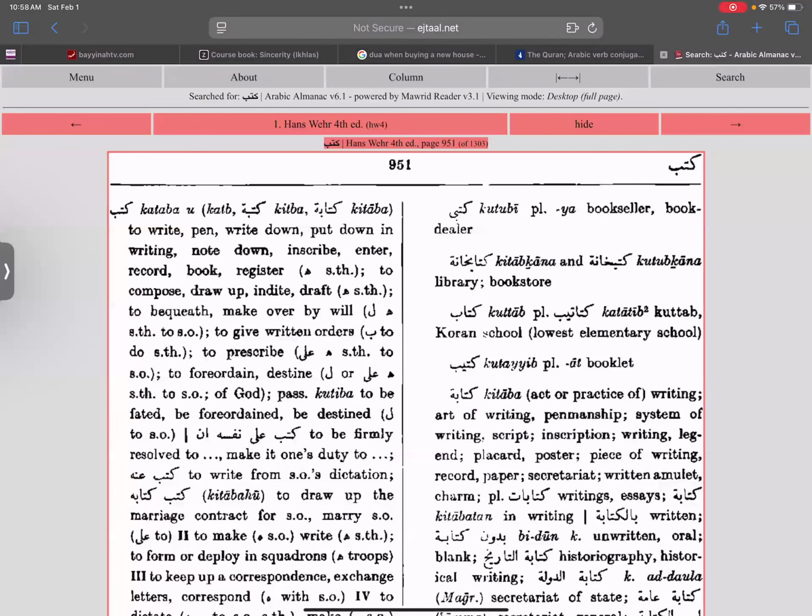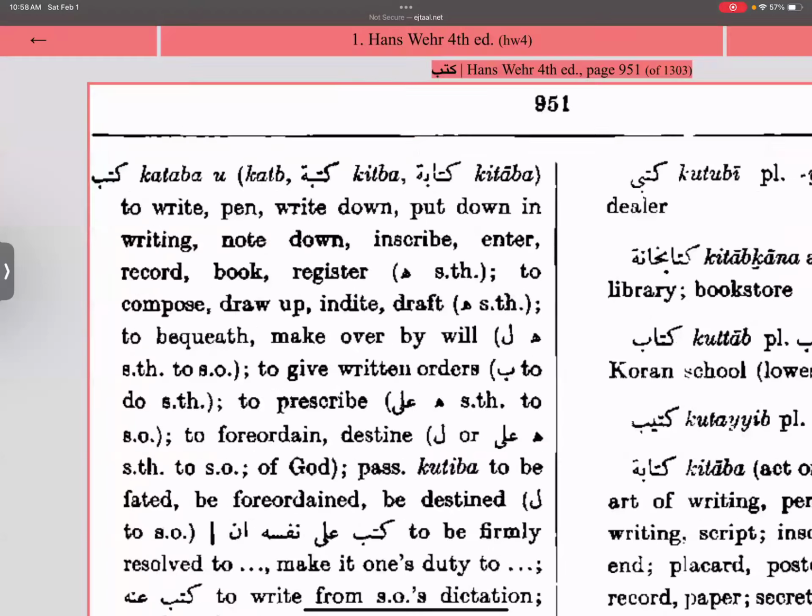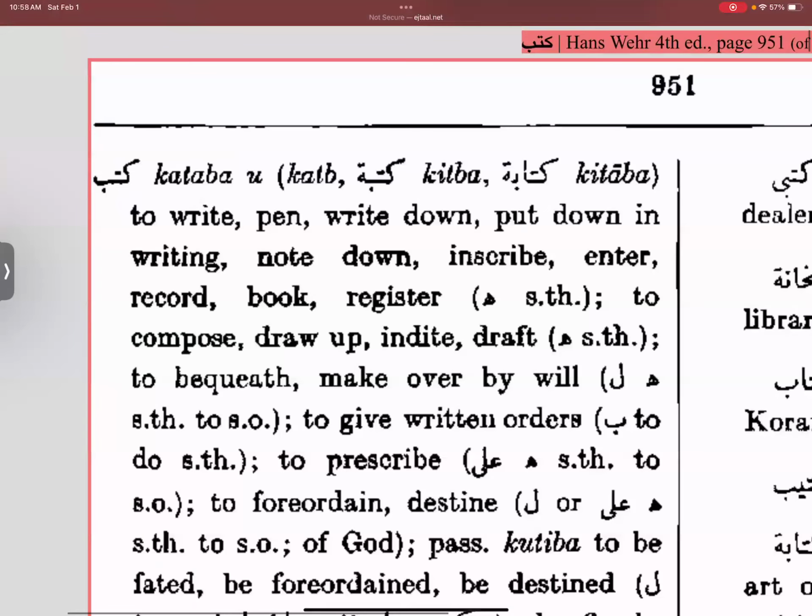I need to know how its mudariya is going to look, what haraka its ain kalima is going to take. That's why I'm consulting the dictionary. Now it says kataba. How do you know it is kataba? You see the KA.